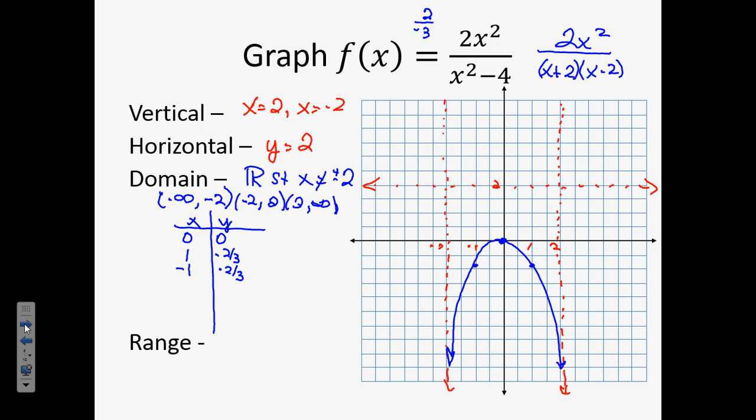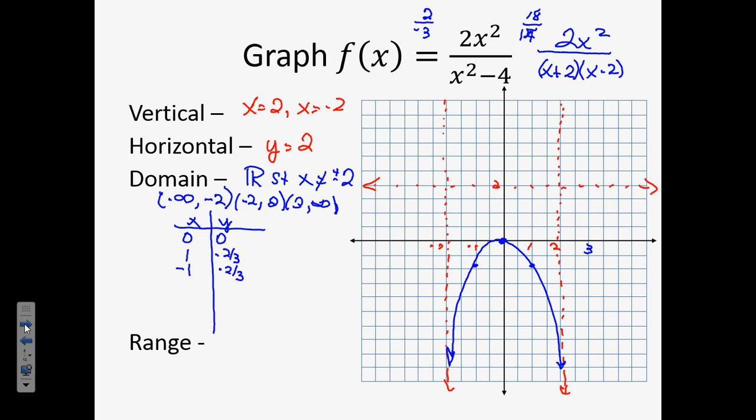But then we have to figure out what's happening over here on the right. So if we plug in a 3, 3 squared is 9 times 2 is 18. 3 squared is 9 minus 4 is 5.